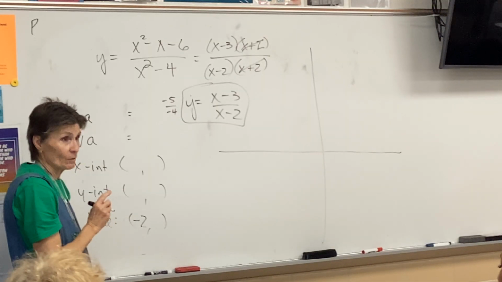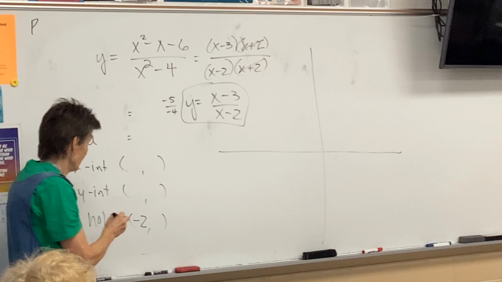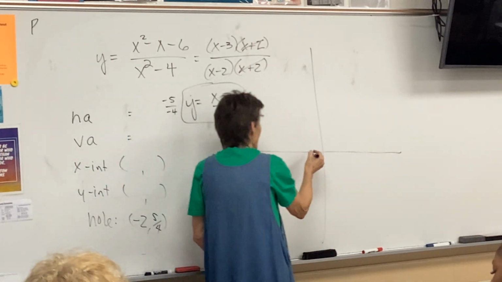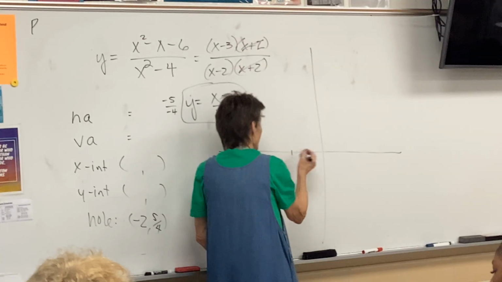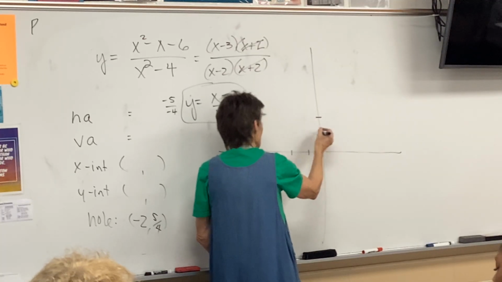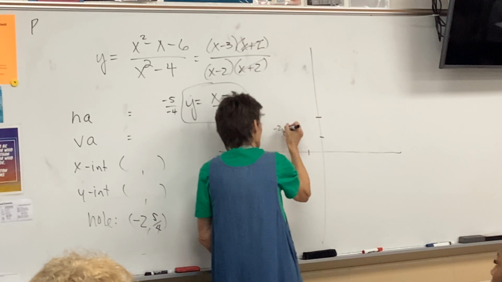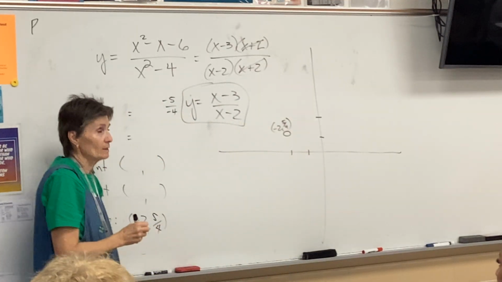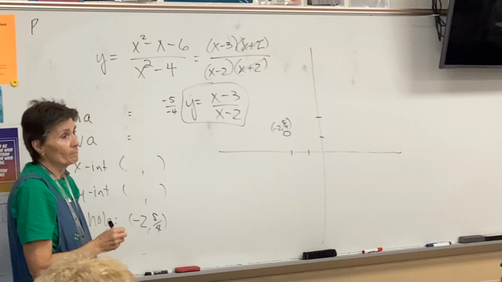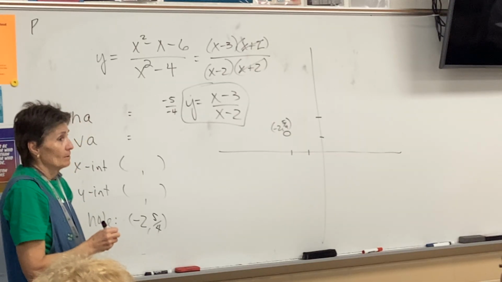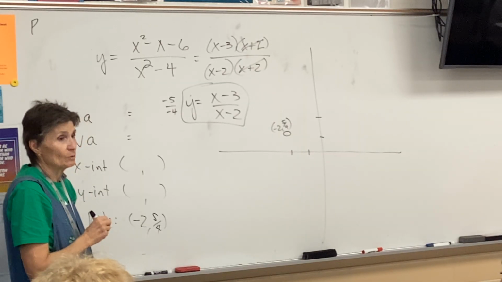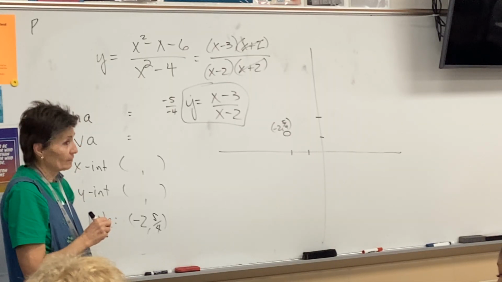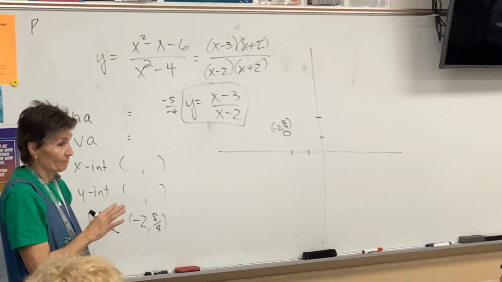But a negative over a negative is a positive. So I'm going to plot that point at negative 2, positive 5/4. And you can always type 5/4 in on your calculator and get a decimal, 1.25. So you're plotting at negative 2, comma 1.25. Are we good at that point?